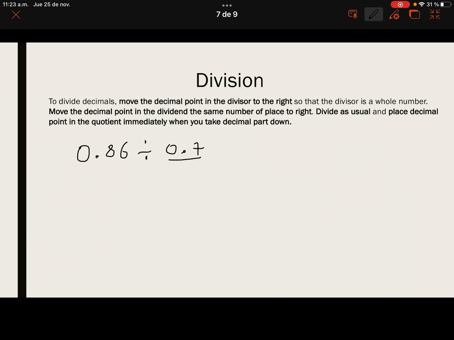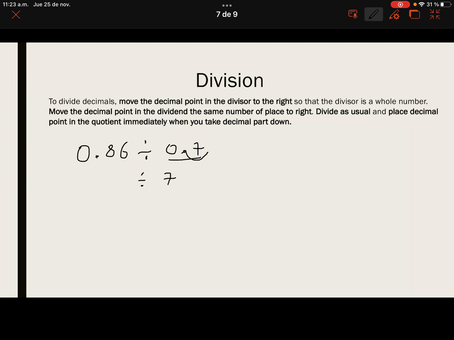Then you have to move the decimal point to the right until the number in the divisor is a whole number. Obviously, we have to move it after 7. Now, the number is 7 because the decimal point moved one space. Now, the divisor is 7.